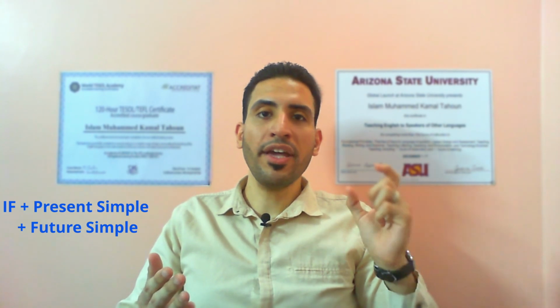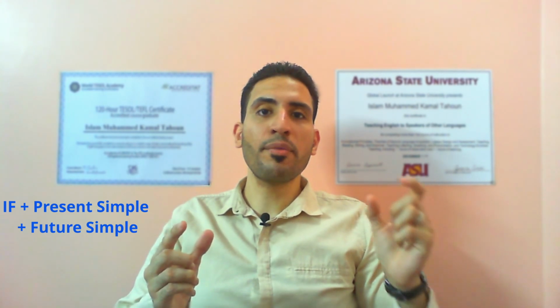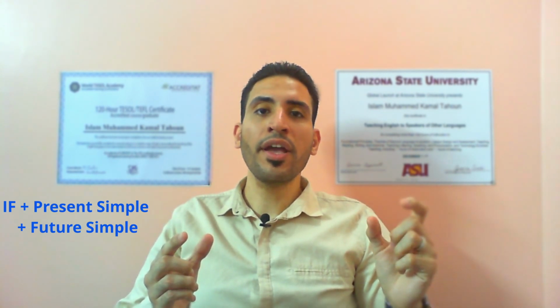If you play football, your clothes will get dirty. In those previous examples, the main clause will be more likely to happen, but there is a slight percentage it will not. And when you get to use the 1st conditional, we put in if plus the present simple plus the future simple.